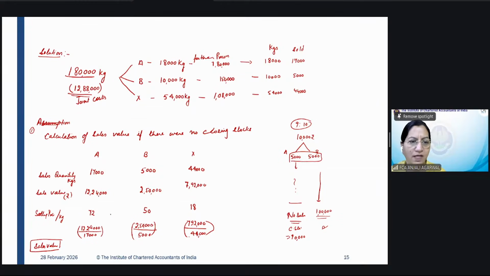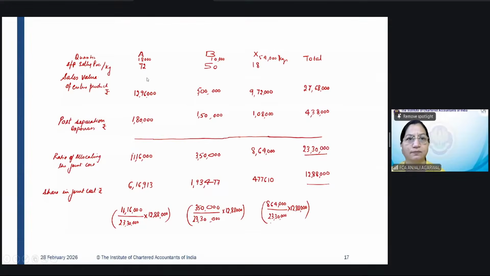So you find out the selling price per unit, and then you apply this selling price to the entire lot, not to 17, 5, and 44, but to 18, 10, and 54. So you get the final sales value. From there, you subtract the post-separation expenses as we have no information of profit and selling expenses. Once this is separated, you get the ratio in which joint cost should be allocated, and you allocate the joint cost. This is one method.